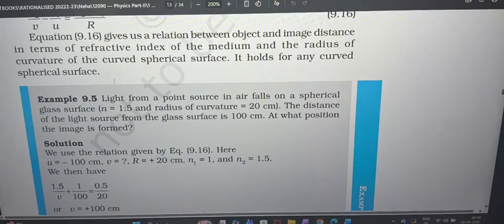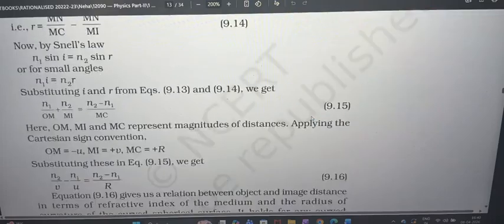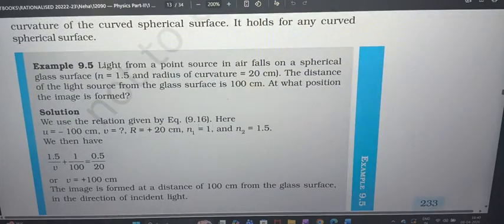We can use this formula, we have all the values. First is the object distance, 100 centimeters. It's always negative because it's towards the left side. We don't know the image distance, and the radius of curvature 20 centimeter is given, and because it's towards the right side it will be positive. Here n1 is air, whose refractive index is 1, and for the second medium, the spherical glass surface, they have given 1.5.